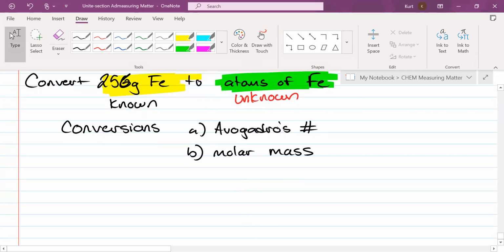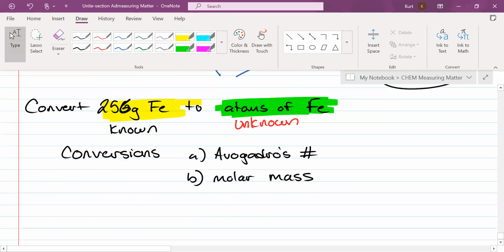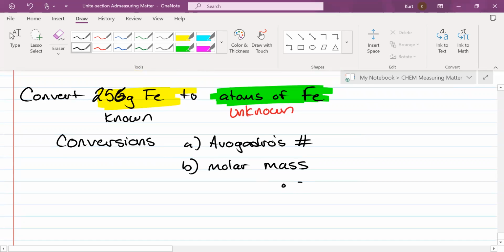So let's start off with finding the molar mass of iron. You guys said earlier it was 56 grams per mole. And for Avogadro's number, 1 mole is equal to 6.02 times 10 to the 23rd.